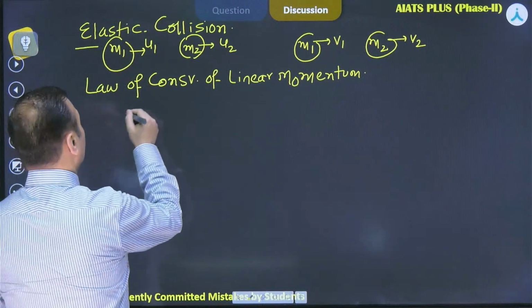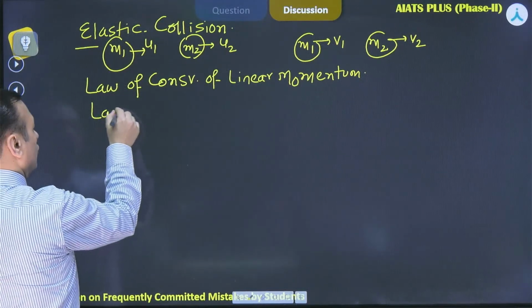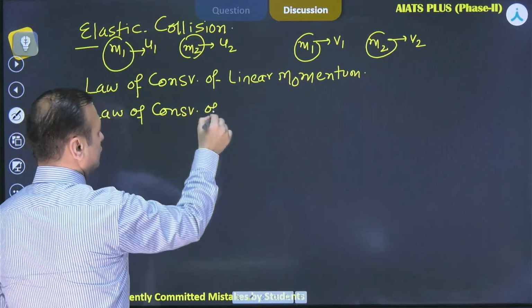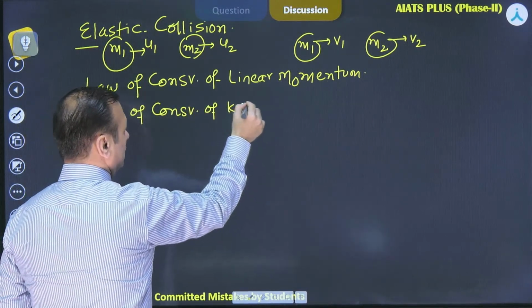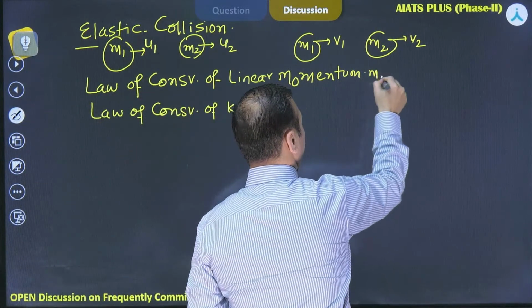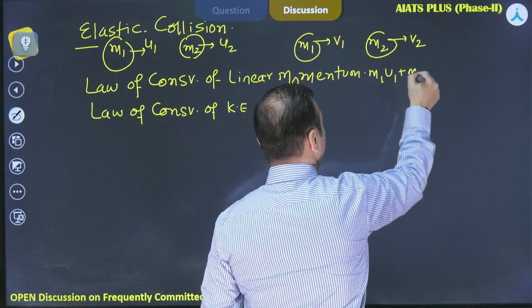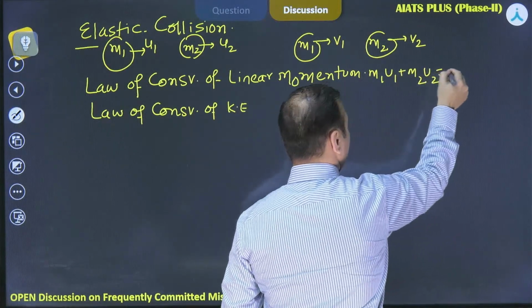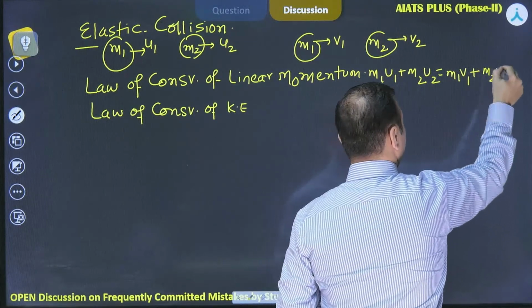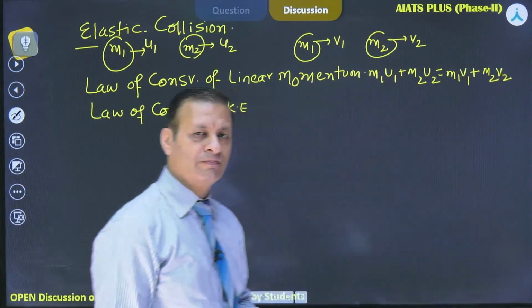So then you have the law of conservation of kinetic energy. So as per the very first law, m1 u1 plus m2 u2 is equal to m1 v1 plus m2 v2.